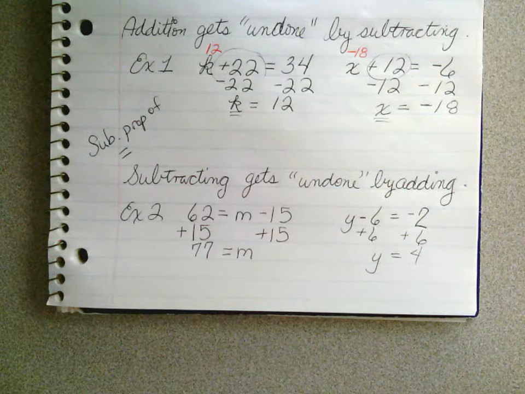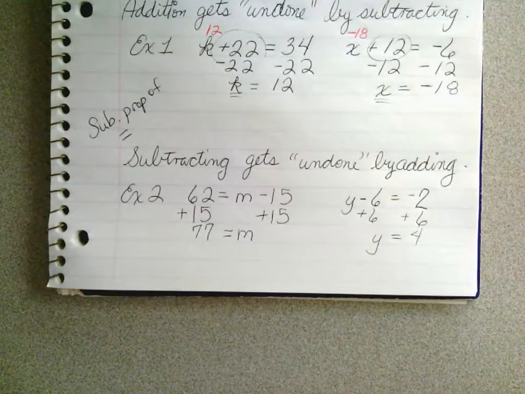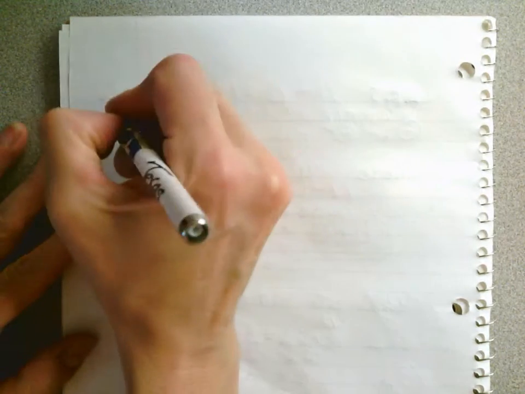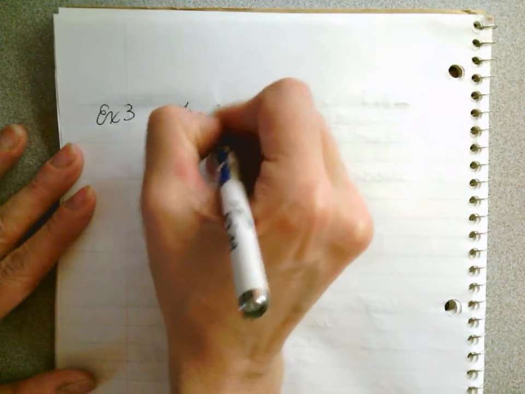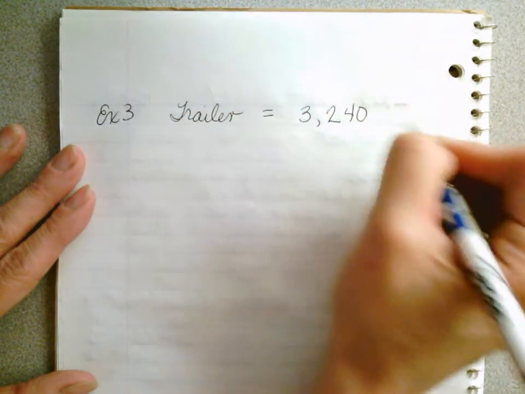So let's talk about our friend the horse. I'm going to give you my information. This is example 3. We know that, and this is my example, the trailer is equal to 3,240 pounds.